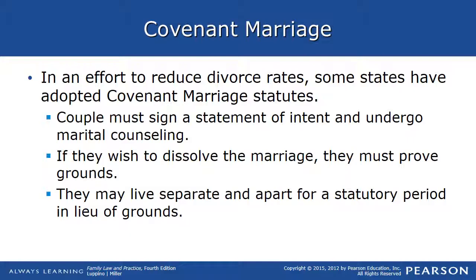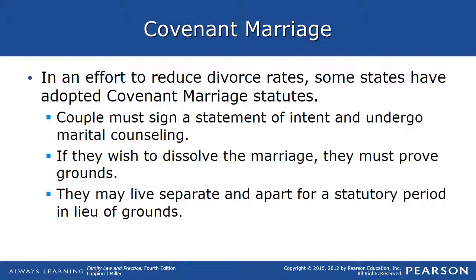Types of marriage: in some states, as discussed in the book, there is a covenant marriage available. The couple gets involved in a marriage, but they sign a contract ahead of time that sets out some boundaries and groundwork for what they'll do if there are any problems in the marriage. Instead of getting a divorce, they will get counseling.